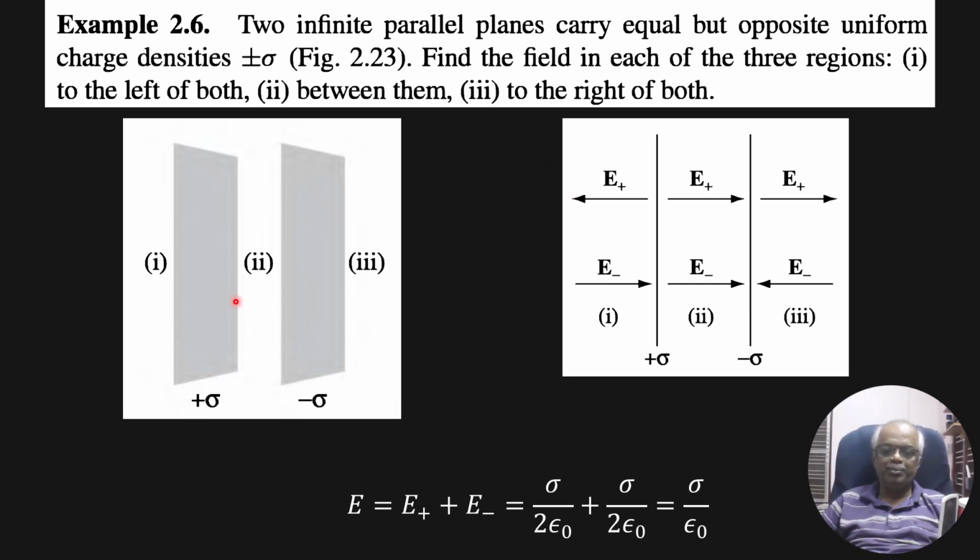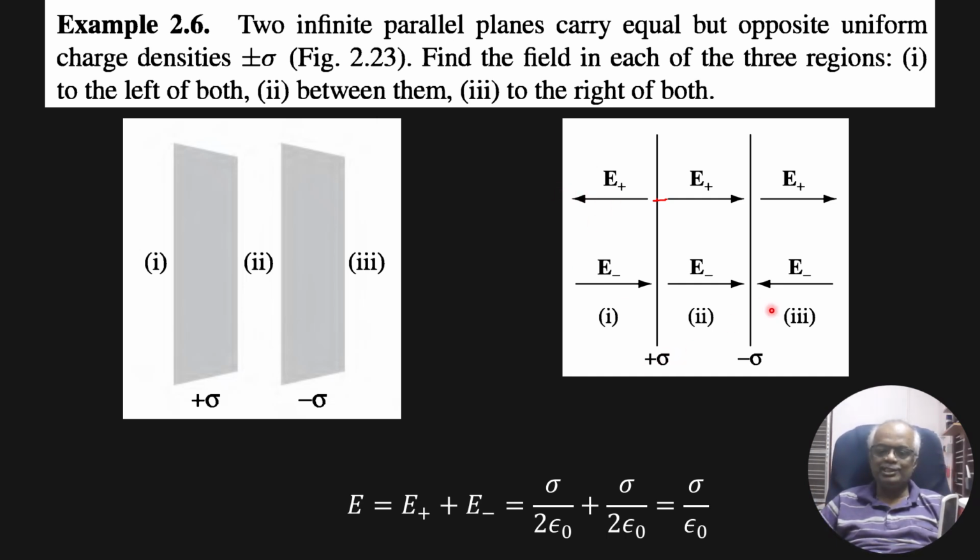So we can arrange according to charge. Since the left side plate is a positive charge, the field will move away from that plate. Positive charge diverges, it moves away from the source, so on the left hand side also, it moves away from the source.